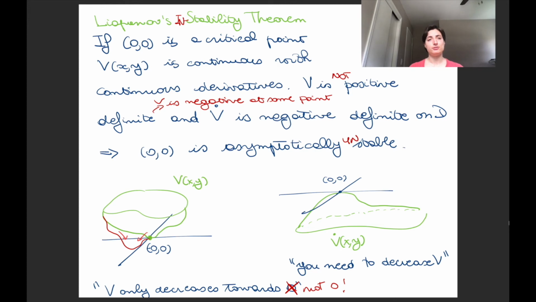So the instability theorem of Liapunov is that if 0, 0 is a critical point and v is continuous with continuous derivatives, if v is not positive definite, that means that v is negative at some point, and v dot is negative definite, then you have an asymptotically unstable point. Why? Because v dot negative definite is telling you that v needs to decrease all the time, but v goes through 0 and keeps being negative somewhere else. Well, that somewhere else is where you're trying to go with your system.